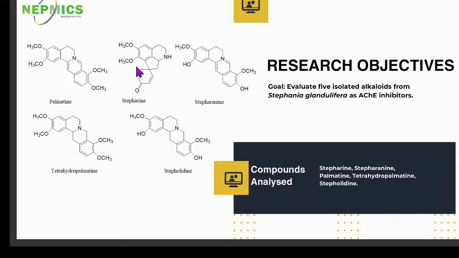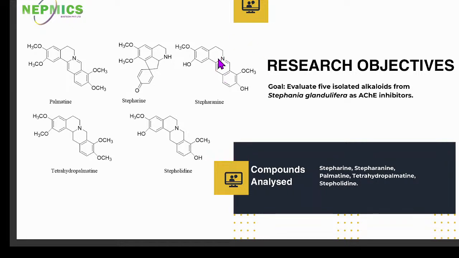Stepharin is a proaporphine alkaloid, while tetrahydropalmatine and stepholidine fall under tetrahydroprotoberberine; four hydroxy groups are present there. And the next, palmatine and berberine, fall under the protoberberine class of alkaloids.